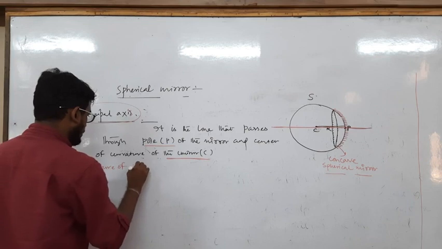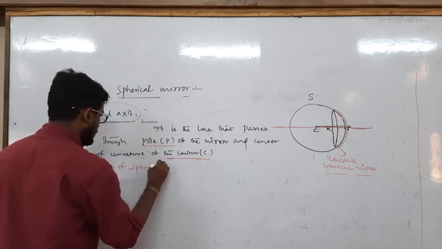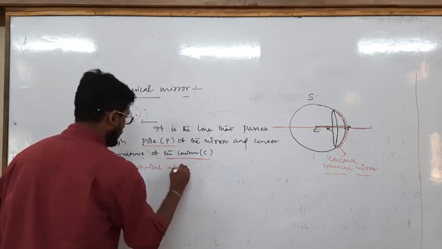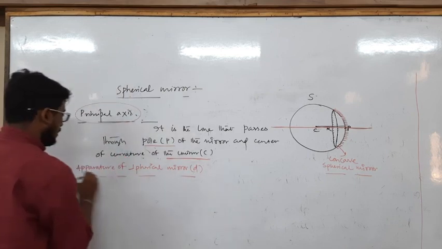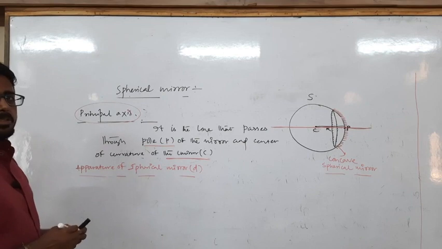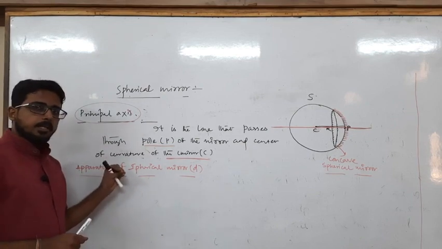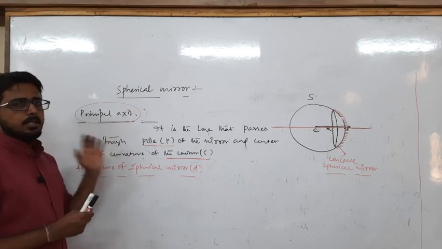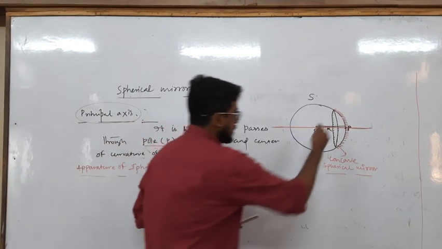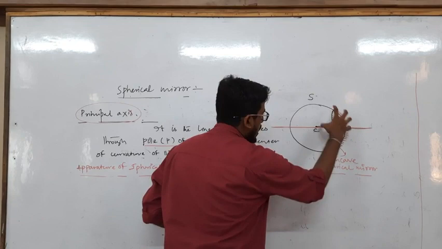Okay, next, aperture of spherical mirror, denoted by D. So the aperture of spherical mirror is what? The aperture of spherical mirror is the actual diameter of the physical spherical mirror. That means here this is the real spherical mirror we use.